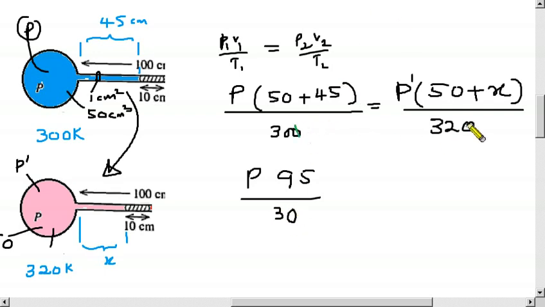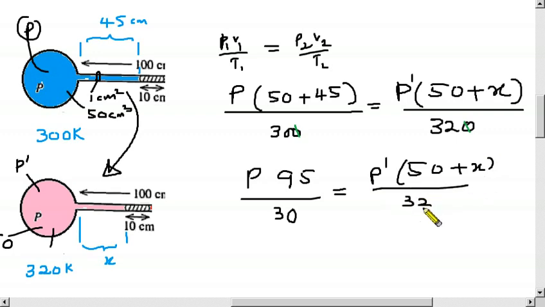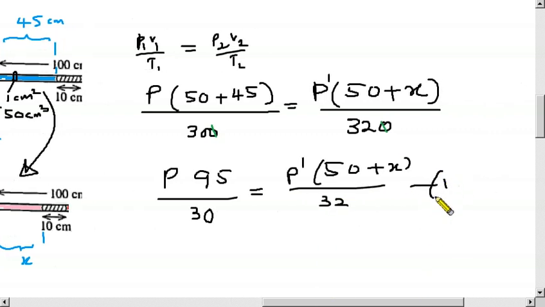This 0 we can cancel, but we don't simplify more than that. If we do, we will be in trouble. P dash 50 plus x divided by 32. So this one is 1.